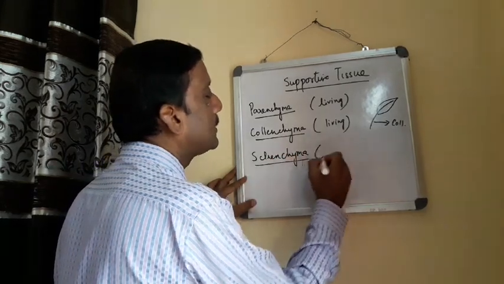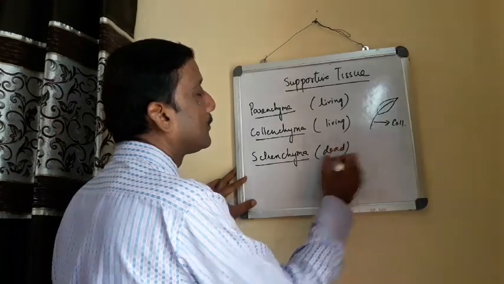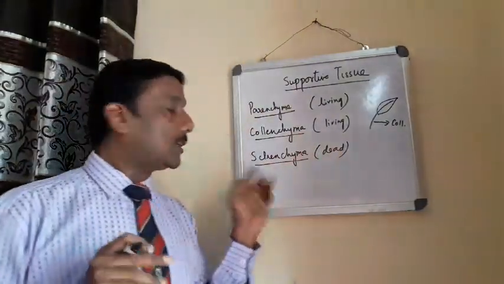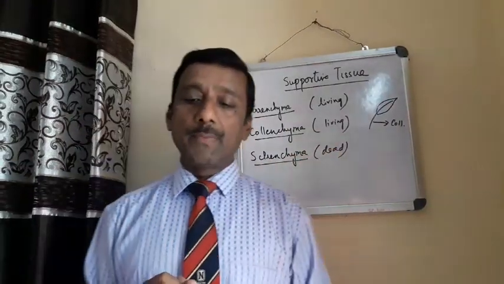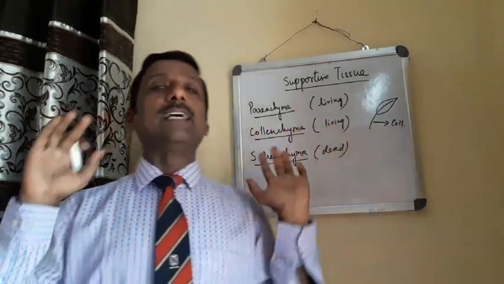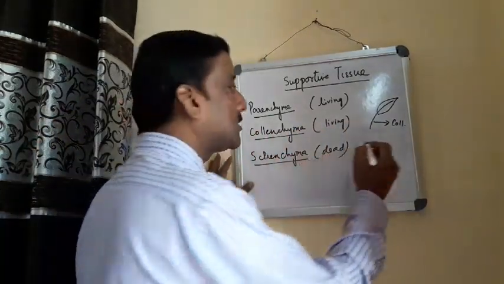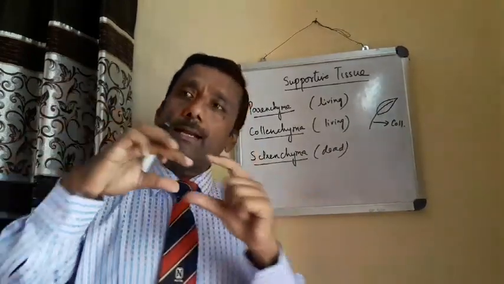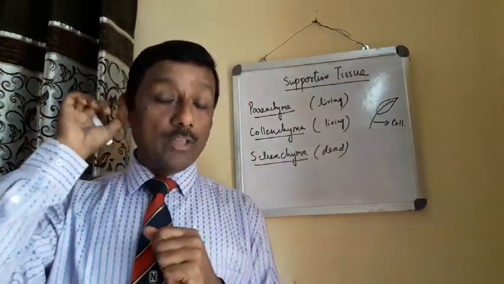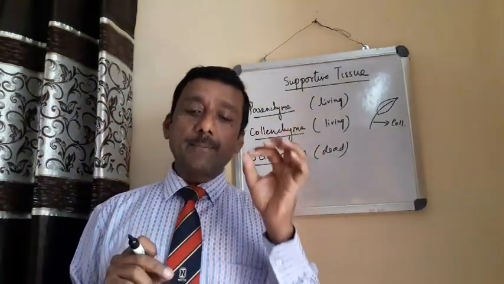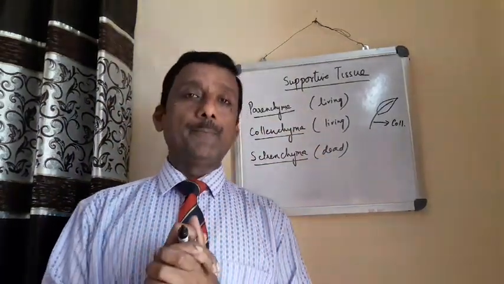Now, the third one is sclerenchyma. They are dead tissues. What is their location and function? They have long, narrow, thick-walled cells, somewhat long and elongated. Their function is to help as mechanical support.